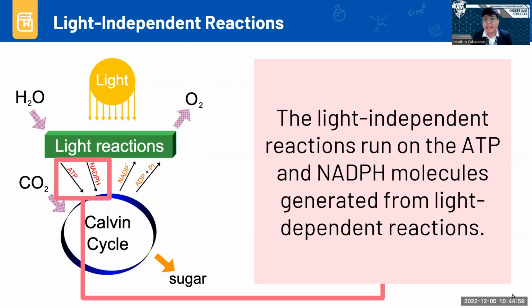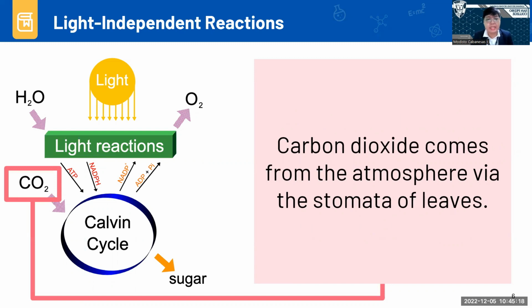So the light-independent reaction runs on the ATP and NADPH molecules generated from the light-dependent reactions, or also known as the light reactions. Now, in this Calvin cycle, dito na papasok yung carbon dioxide na kinukuha ng mga leaves at pinapapasok doon sa stomata.